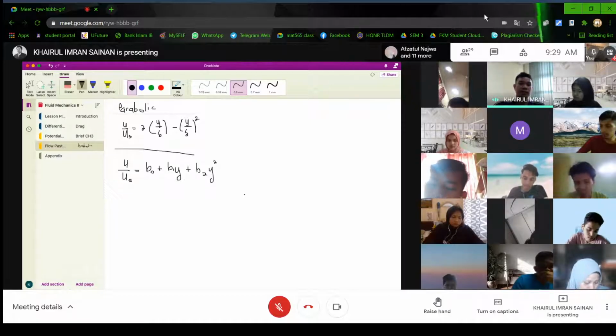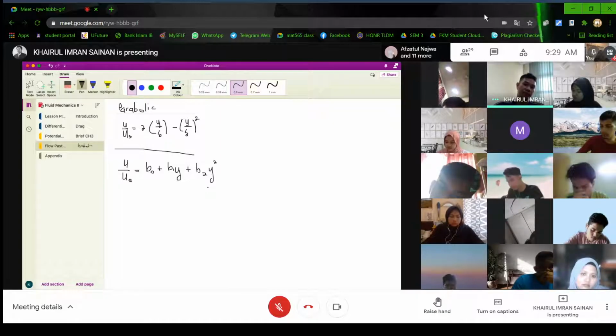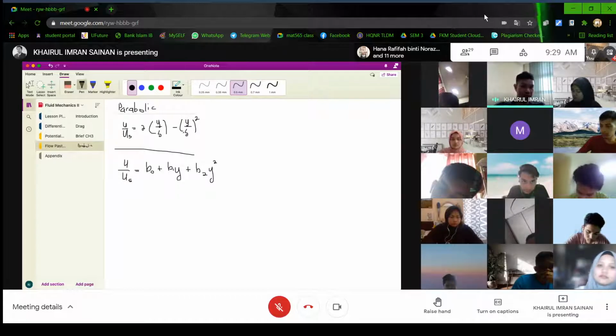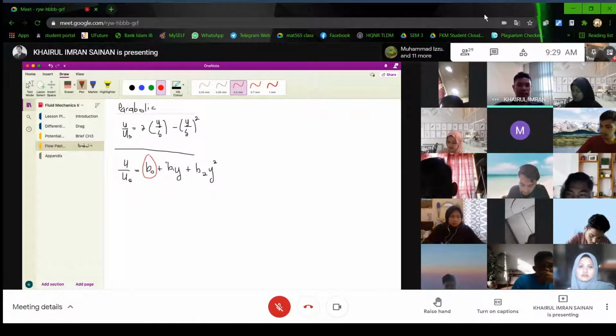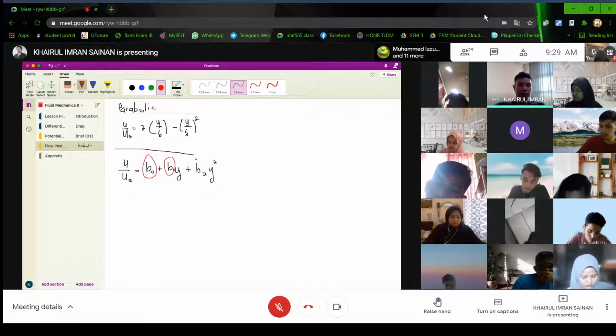So the maximum power is to the power of 2. In order for us to determine this, we need to find these values: b0, b1, and b2.